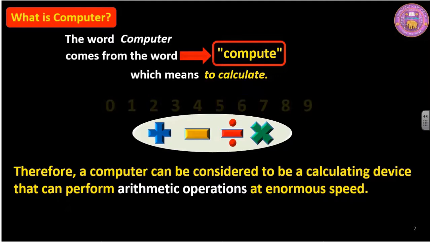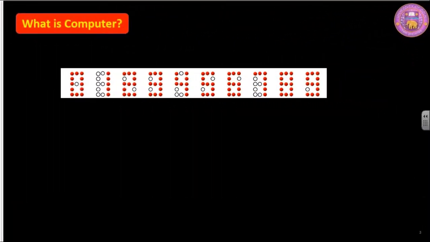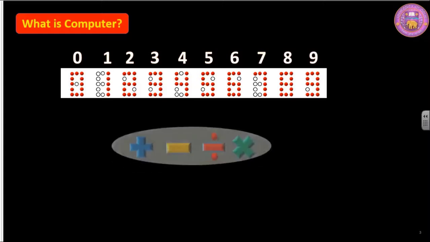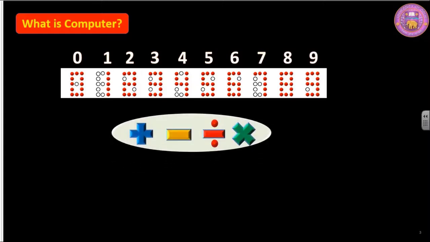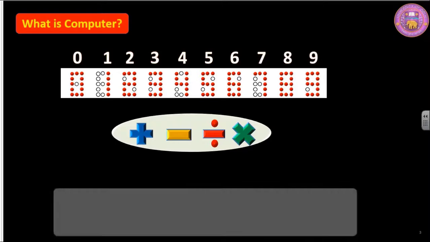Therefore, computer can be considered to be a calculating device that can perform arithmetic operations at a very fast speed. Yes, we said that computer is a device which works on digits and makes use of symbols like plus, minus, division or multiplication.